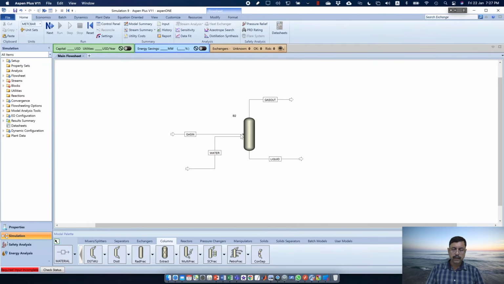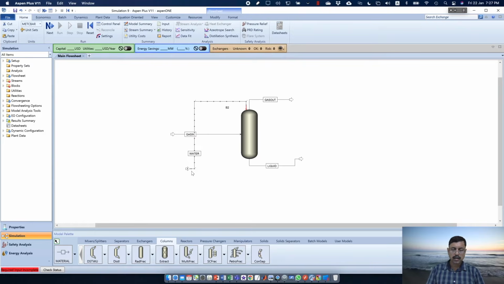So we'll place this equation over here. So this water, we will bring it over here. And gas in will pass from here.